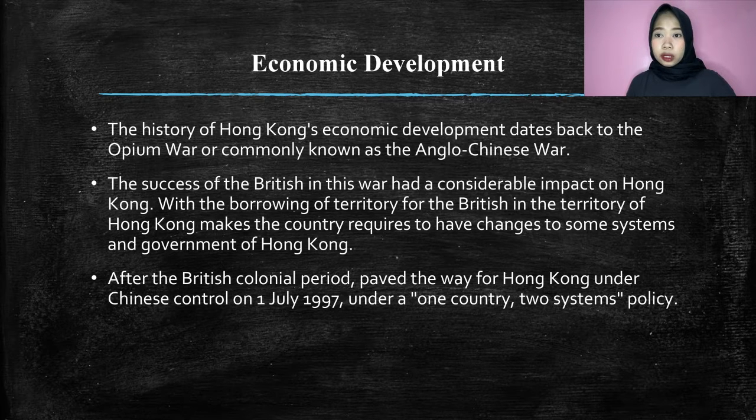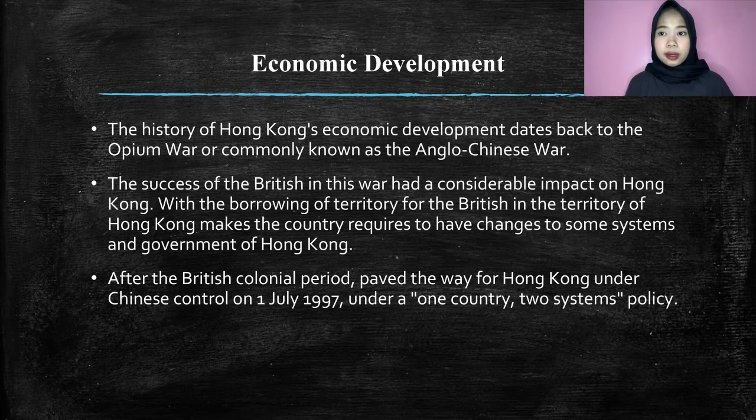The increase was not only due to how the system was run, but there was still interference from the colonial state of England. And then, after the British colonial period, which meant handing Hong Kong back to the Chinese state, there was an agreement between these parties.